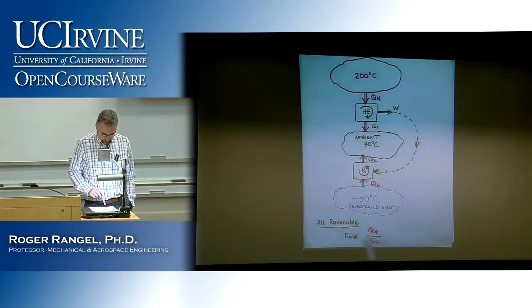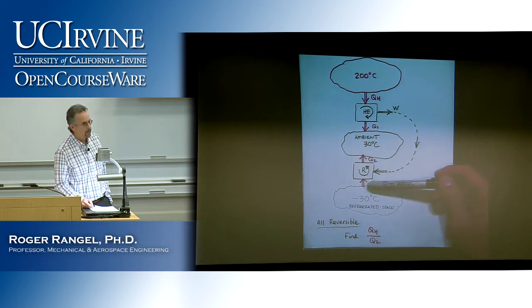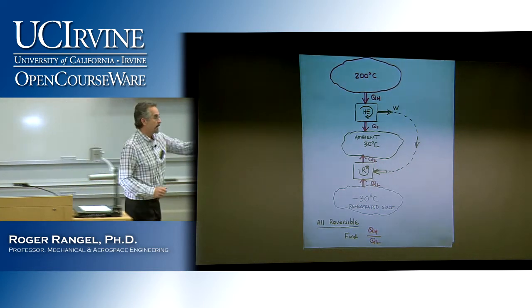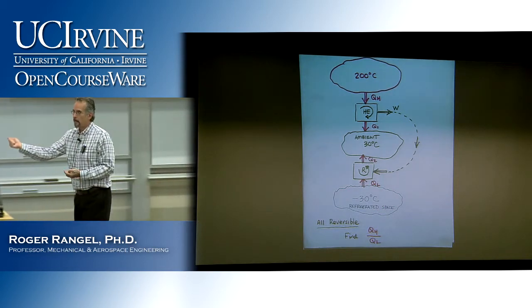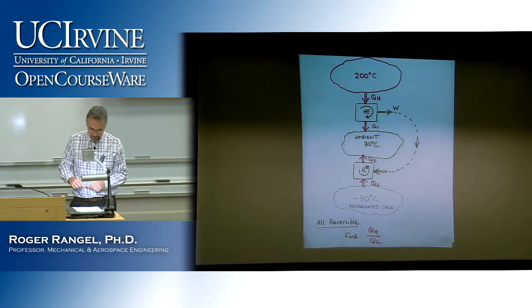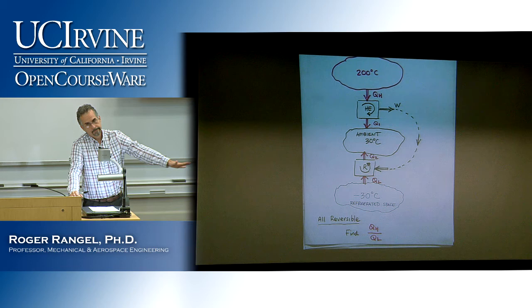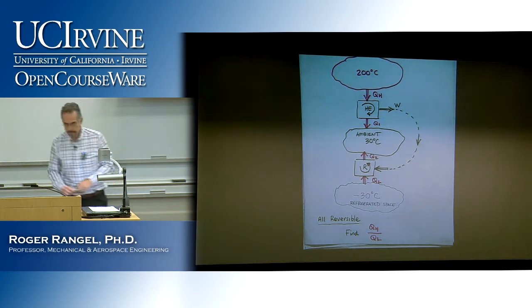And we want to find out the ratio of the Q sub H up here to the Q sub L down here. So in a way, we're trying to determine how much heat I need to put into my heat engine to remove whatever heat I want to remove from the cold space, which is the Q sub L. So how much will it cost me per, say, kilowatt of energy that I'm removing from the cold space? That's the problem.